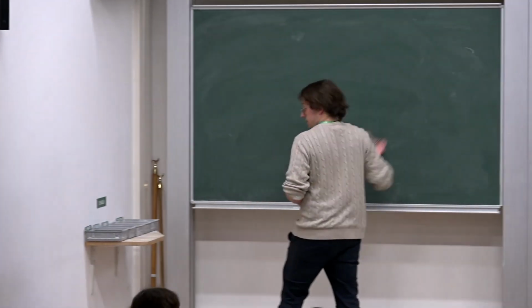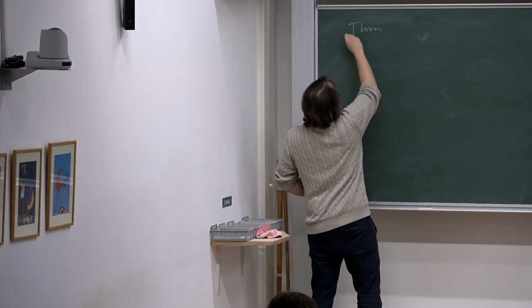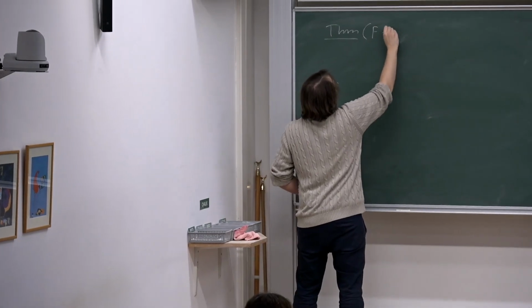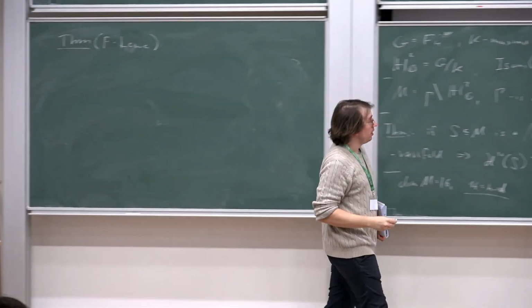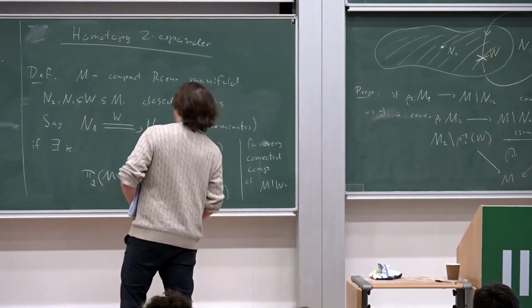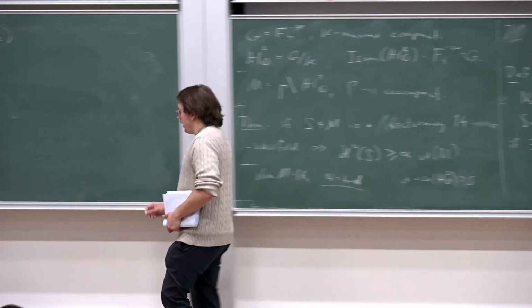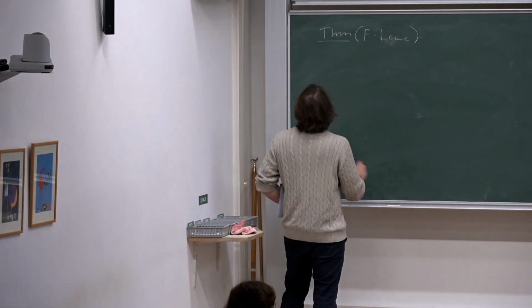What we prove with Ben, which is like a stronger version of this theorem on minimal submanifolds, is that, I didn't define homotopy to expanders, but I'll tell you our theorem, and then it will be clear what the definition is.